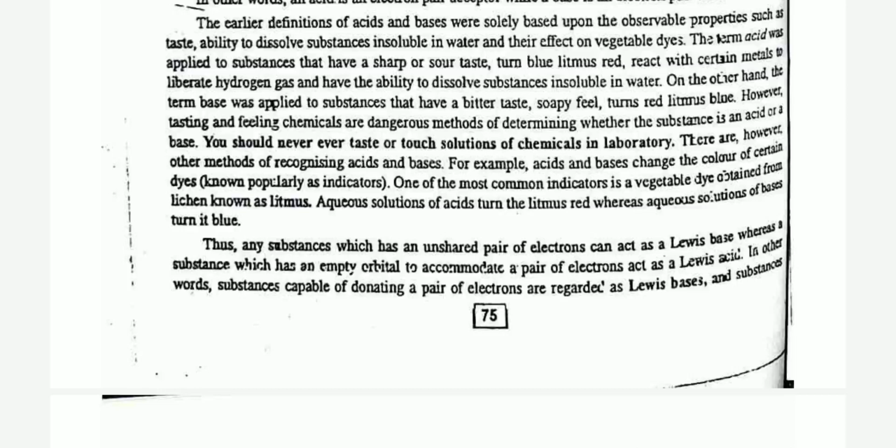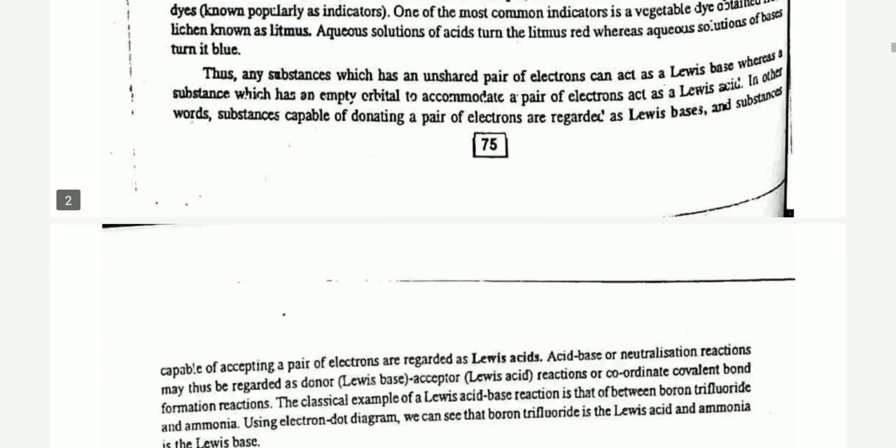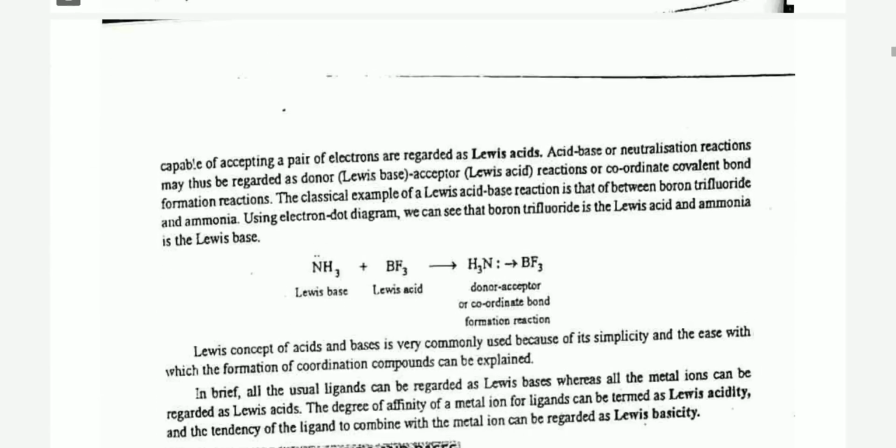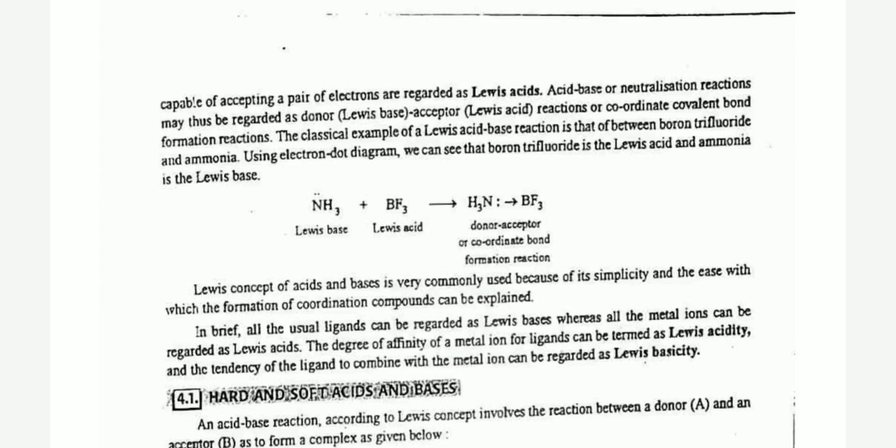Thus, any substance which has an unshared pair of electrons can act as a Lewis base, whereas a substance which has an empty orbital to accommodate a pair of electrons acts as a Lewis acid. In other words, substances capable of donating a pair of electrons are regarded as Lewis bases, and substances capable of accepting a pair of electrons are regarded as Lewis acids.